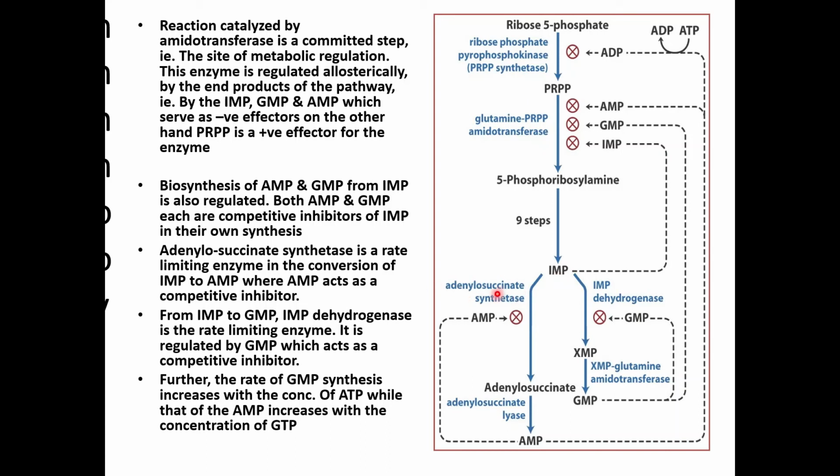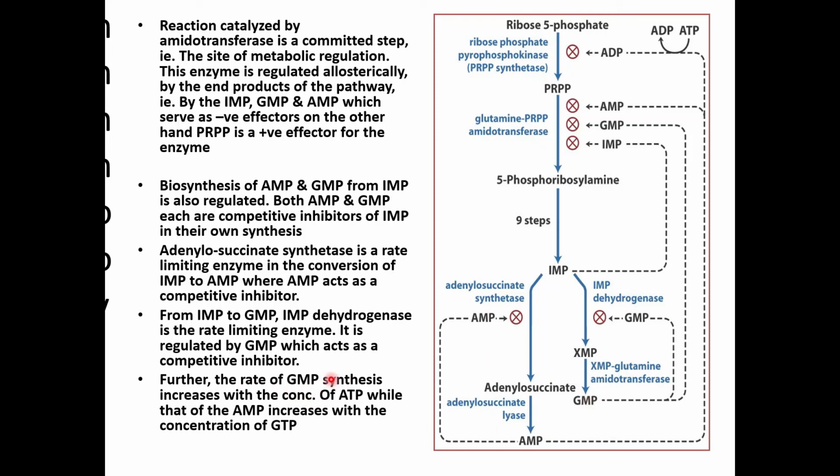The enzyme adenylosuccinate synthetase is the rate limiting enzyme in the conversion of IMP to AMP, where AMP acts as a competitive inhibitor, whereas in the IMP to GMP synthesis, IMP dehydrogenase is the rate limiting enzyme. This is regulated by GMP, which acts as a competitive inhibitor.